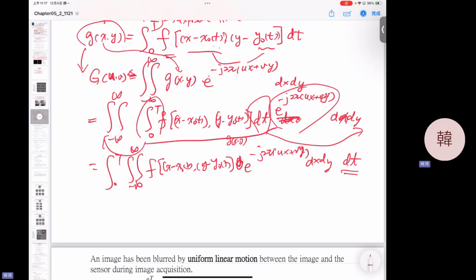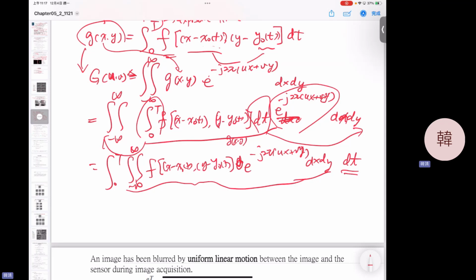So let's look at this result. What do we have? This is the Fourier transform of a function that is shifted in the x direction and y direction.